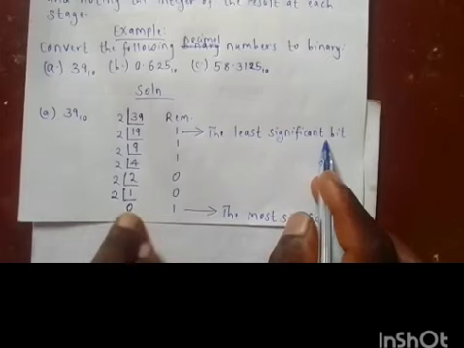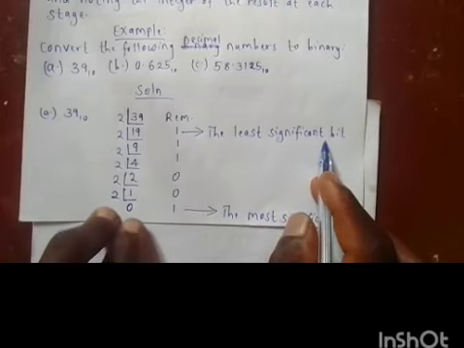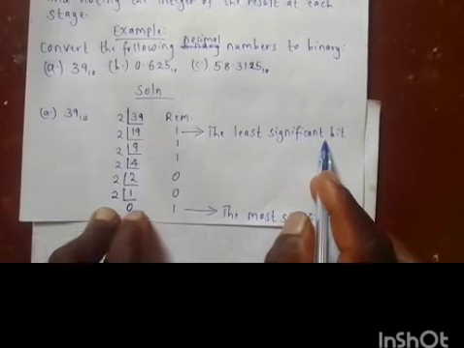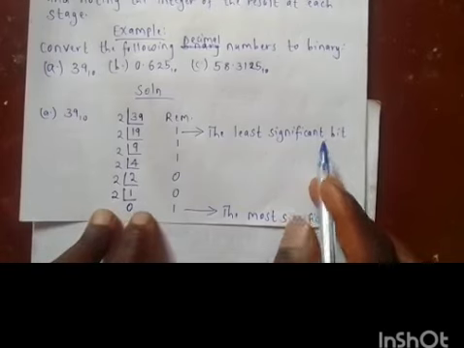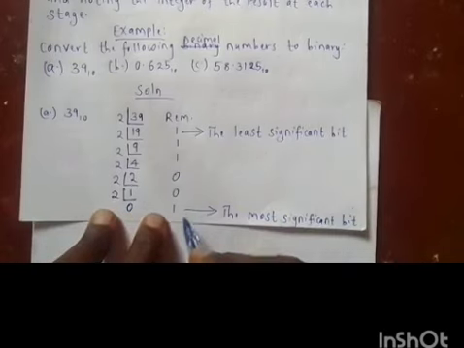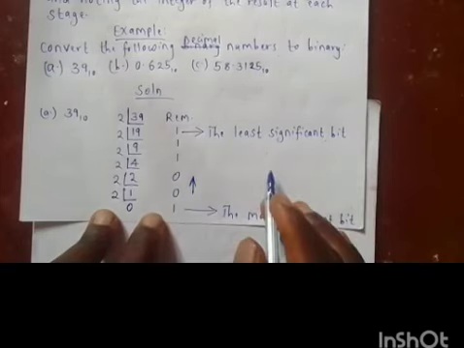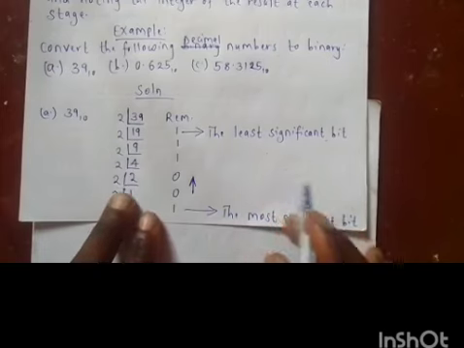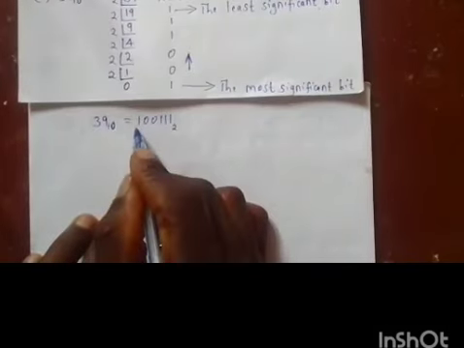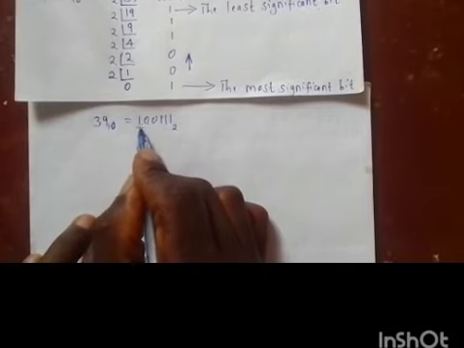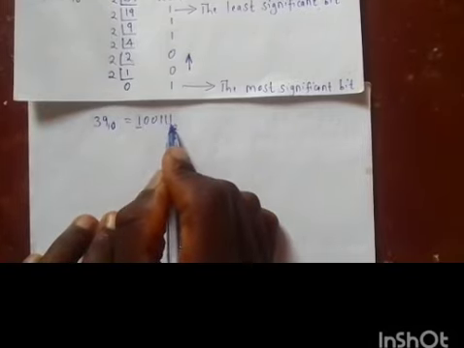In writing from left to right, we start from down to up. So we write our answer as, this is the most significant bit, this is the least significant bit.